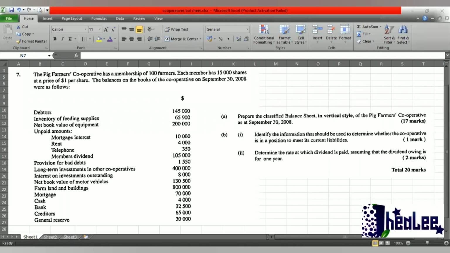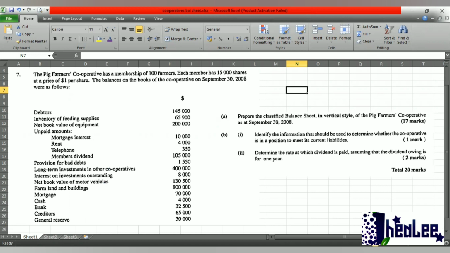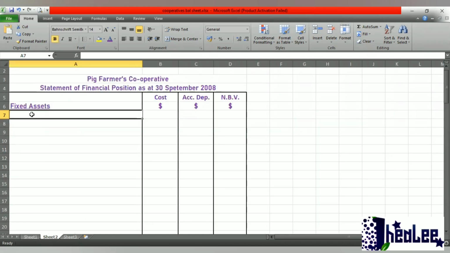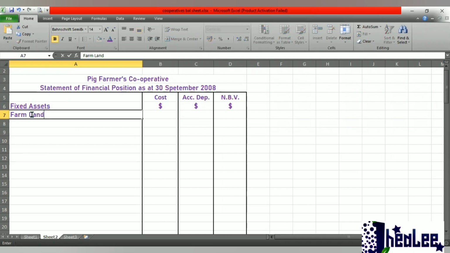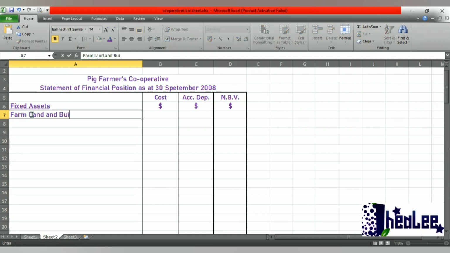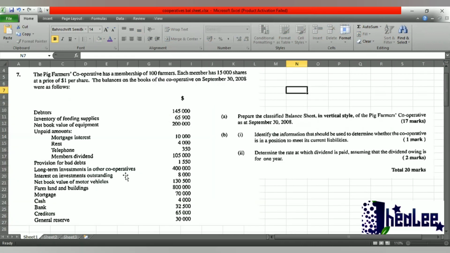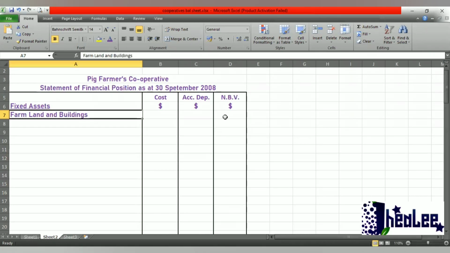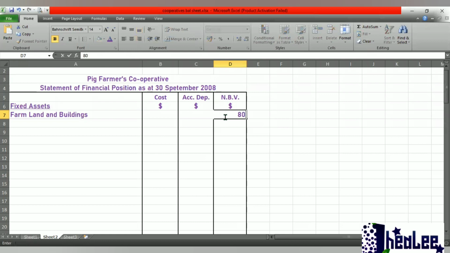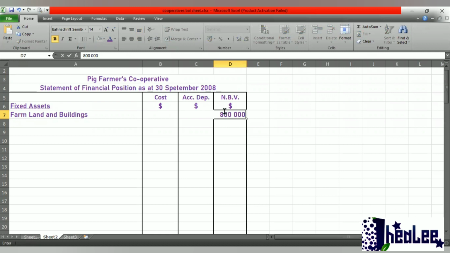And don't forget, the fixed assets are land and buildings, motor vehicles, and equipment. So we have farmland and buildings, and the value for the farmland and buildings is 800,000, and it's the net book value that we're entering. So I'm using that very last column, entering it under net book value.